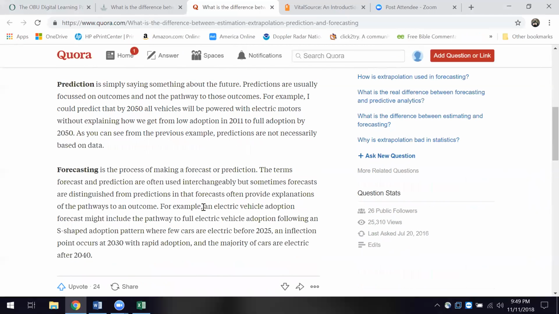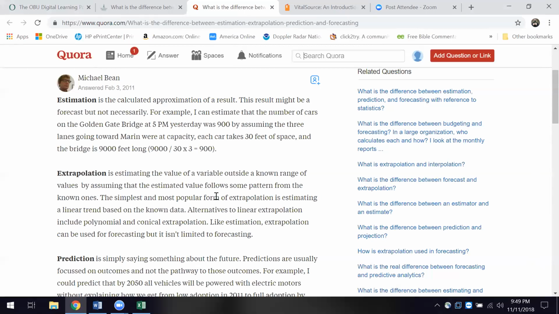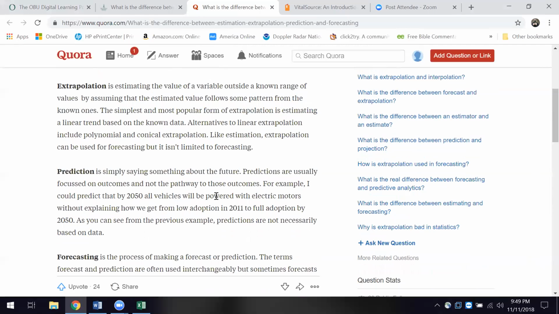And so we go from, okay, just simply making an estimate to extrapolating out past known data ranges. And as you note here, predictions are usually focused on outcomes, not pathways.